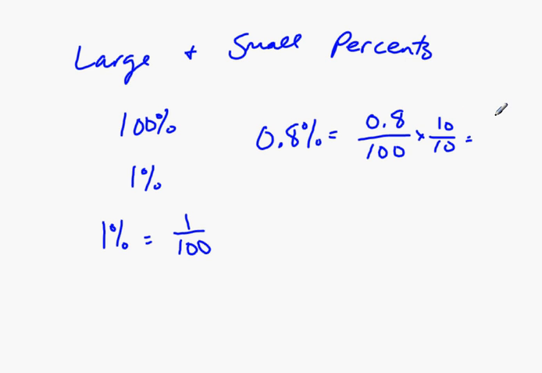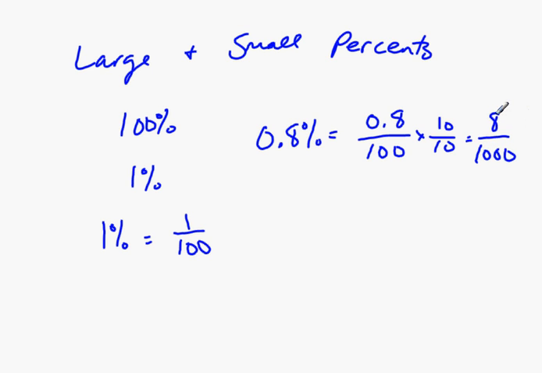So 0.8 times 10 is nothing more than 8. And 100 times 10 is 1,000. Like all other fractions, we have to simplify this. So 8 and 1,000 have common factors of 2. They also have common factors of 4. And for this instance, it actually has a common factor of 8.